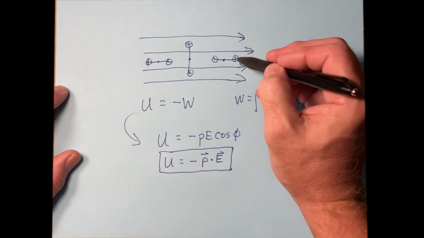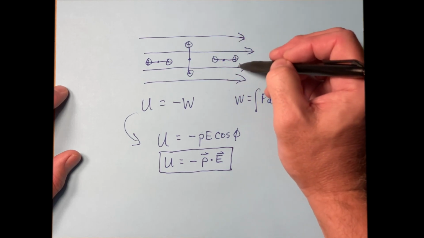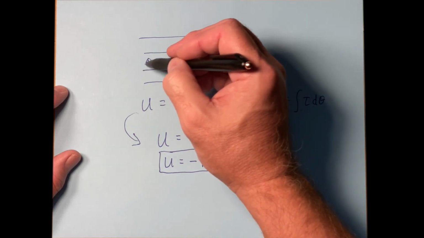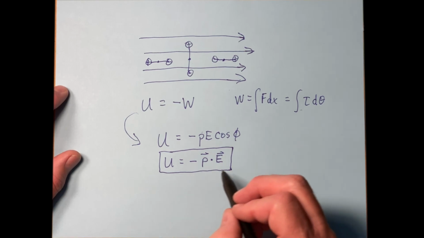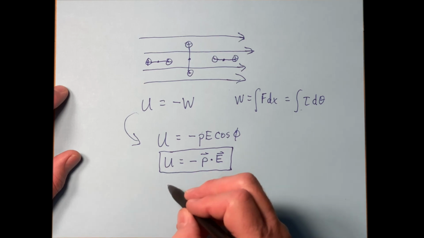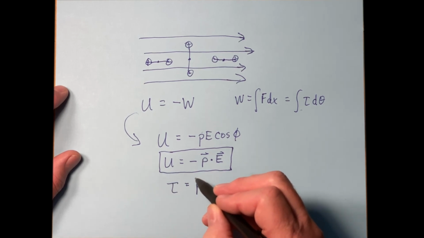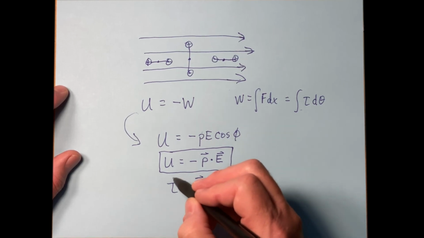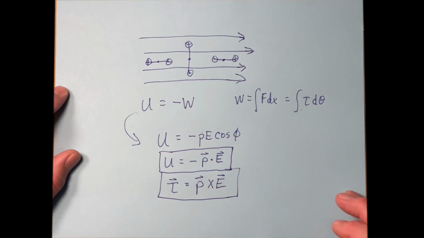As it goes from this rotation to this rotation, it's gaining energy, and this way as well. So we have two equations now: this one for the amount of energy stored in the dipole, and this one for the rotational force, which is the torque on the electric dipole. We've got those two equations right there.